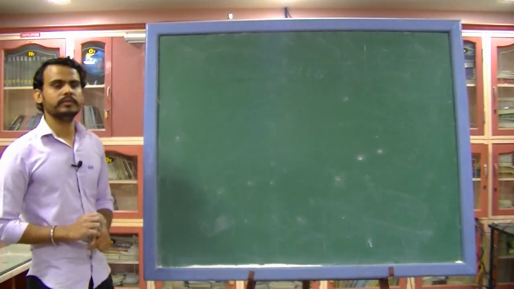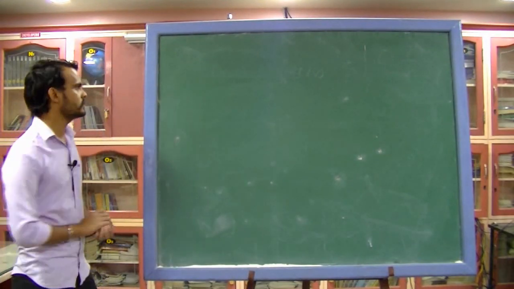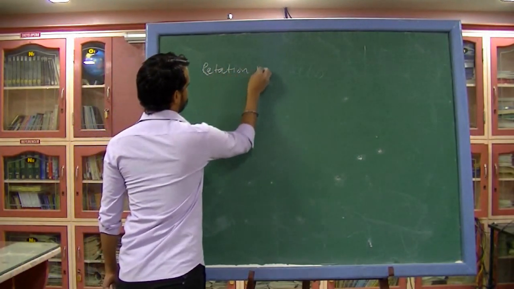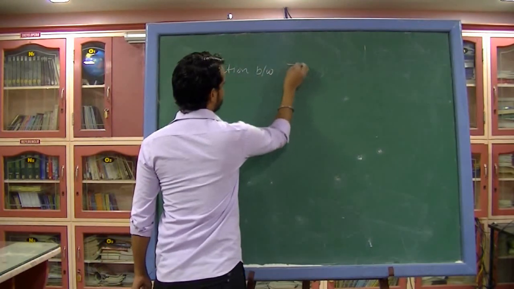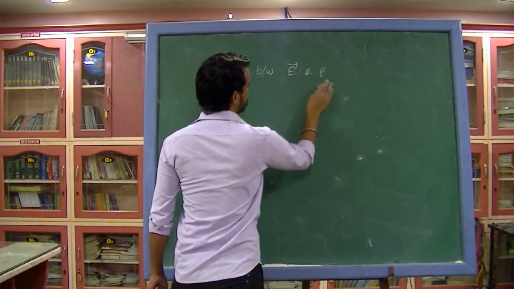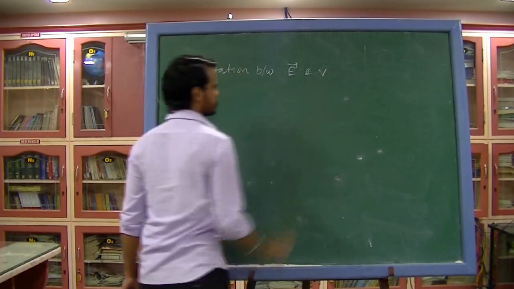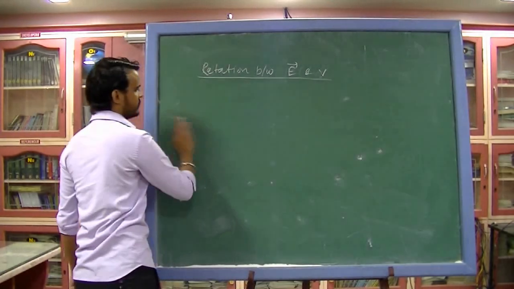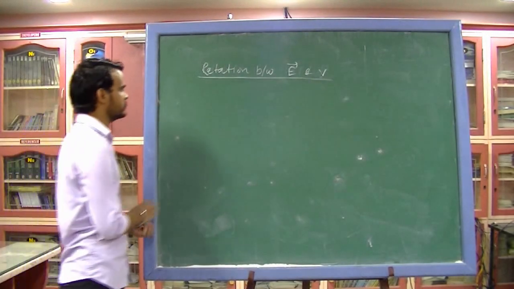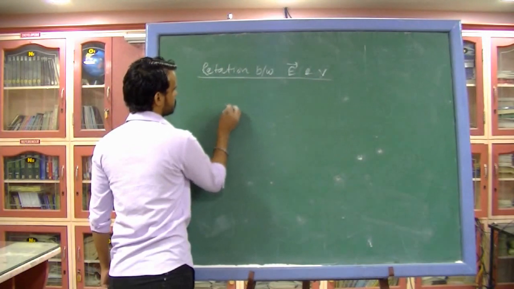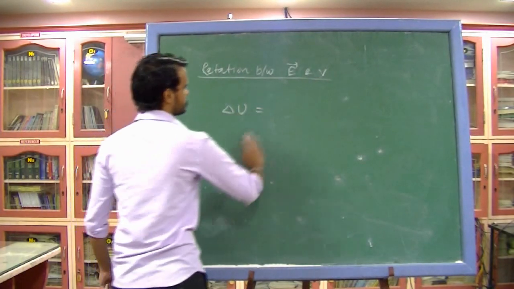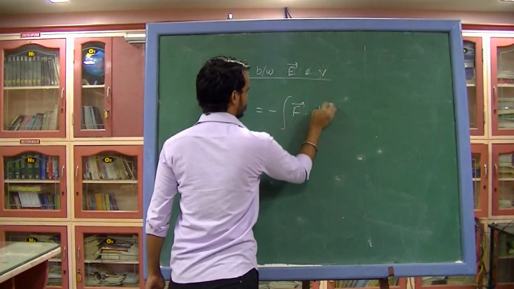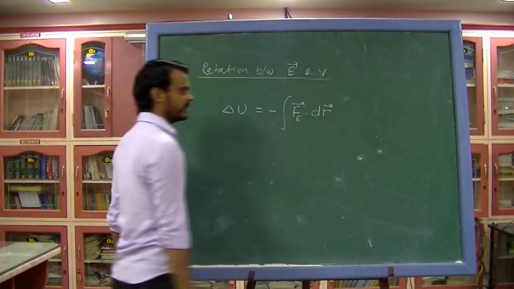Next we are going to do the relationship between electric field and potential. If you remember the relationship between potential energy and force, delta U equals minus the integration of F dot dr, or in this case, the electrostatic force.